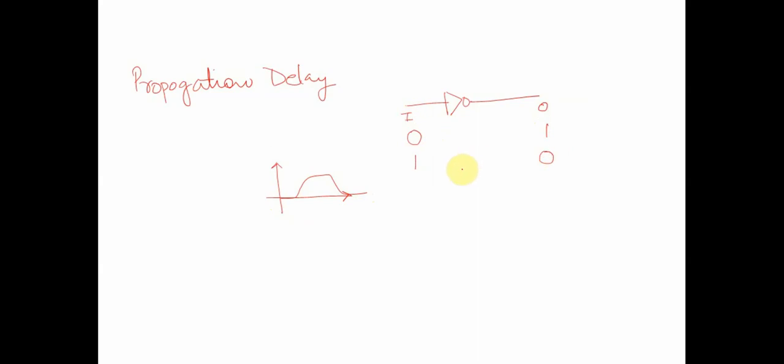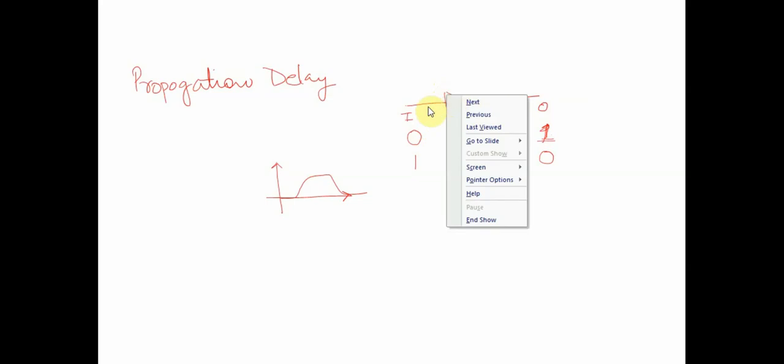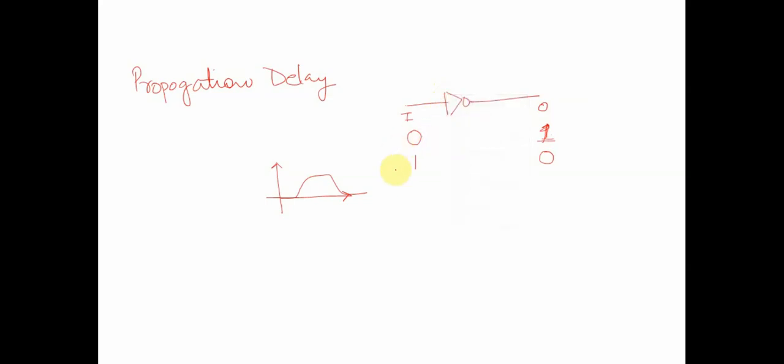But ideally in a circuit, when the input changes to 0, the output value should change to 1 as soon as the input changes to 0. But in a real circuit we have the concept of propagation delays, whereby there will be some delay which this gate will intrinsically take, depending upon what kind of logic family it belongs to, before ensuring that the output gets a value 1, right?